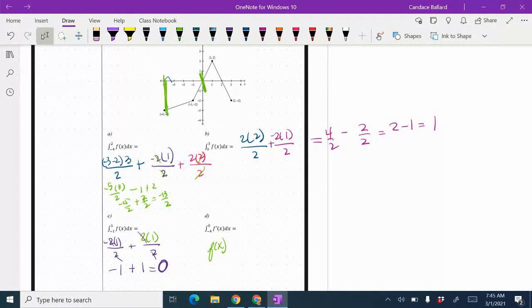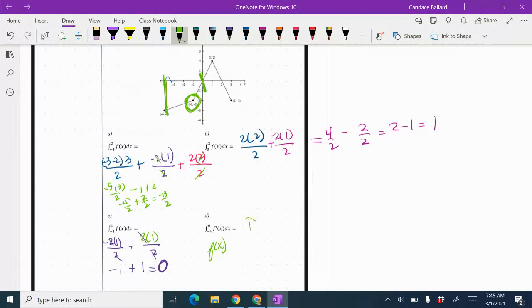The problem is technically when I integrate this, because of this corner right here, I don't have that derivative that exists at that corner. It's not continuous. So therefore it doesn't exist and it's not differentiable there.